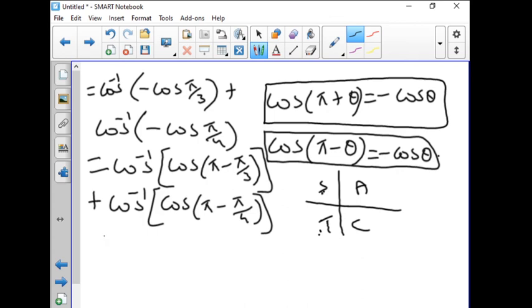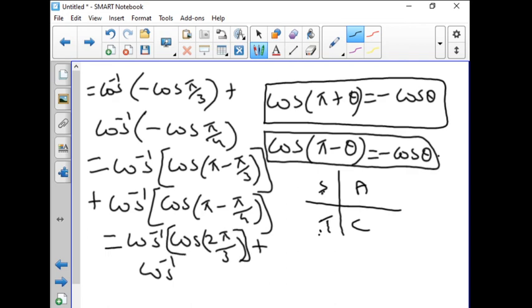Okay. So, now what is this? Pi minus pi by 3 is nothing but cos inverse of cos 2 pi by 3 plus cos inverse of cos 3 pi by 4. Okay.